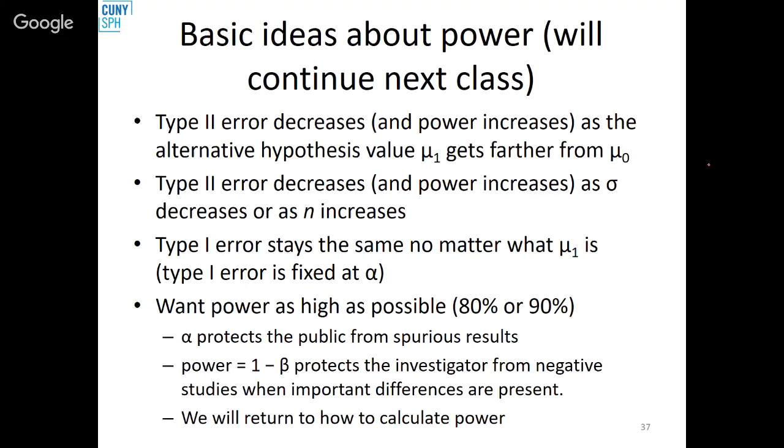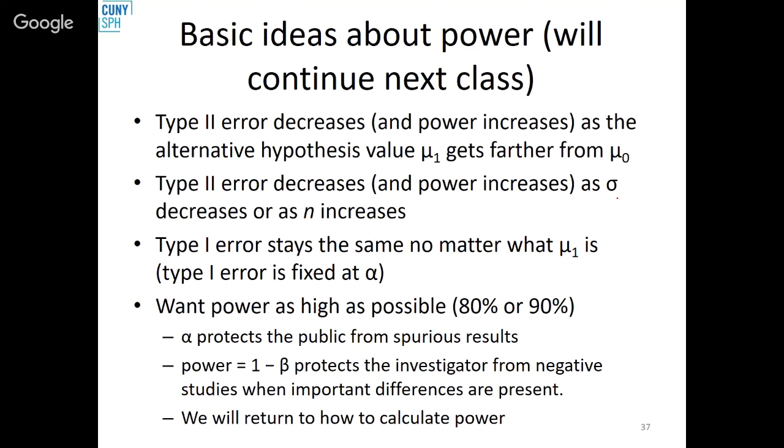Just some basic ideas about power, which we will continue, is that it's related to these other concepts. So the bigger the difference between two means, or the bigger the difference between our mean and the population, like the higher the cholesterol level is of hypertensive males, the more your power increases or your type 2 error decreases.